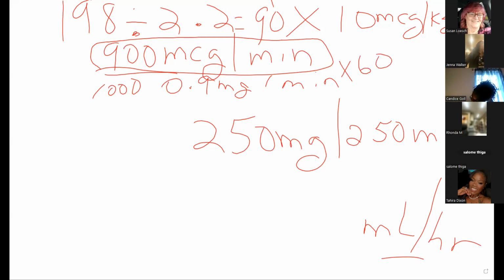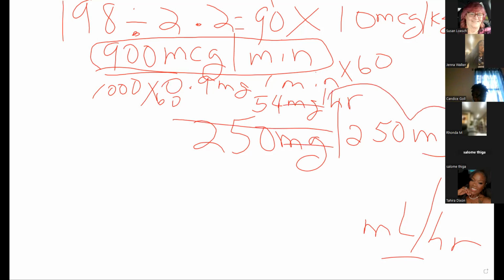I usually just do that in my head, but the other side I have to multiply by 60. So now I'm going to take my 0.9 and multiply it by 60. And now I have 54 milligrams per hour. Okay, milligrams is going to cross out here. And I'll be left with mLs per hour.